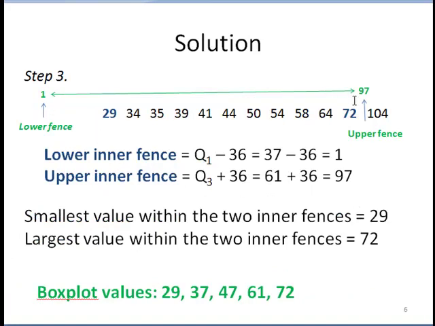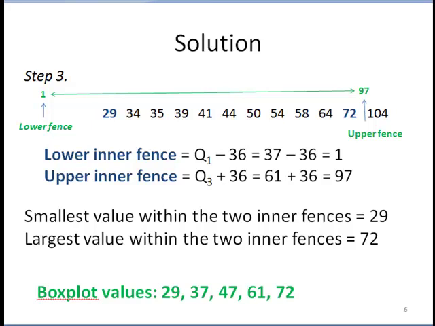So the lower fence and the upper fence tell us what data values are not unusual. Any data values that are between the two fences are considered ordinary data values. But data values outside the fences are considered unusual, either high outliers or low outliers.